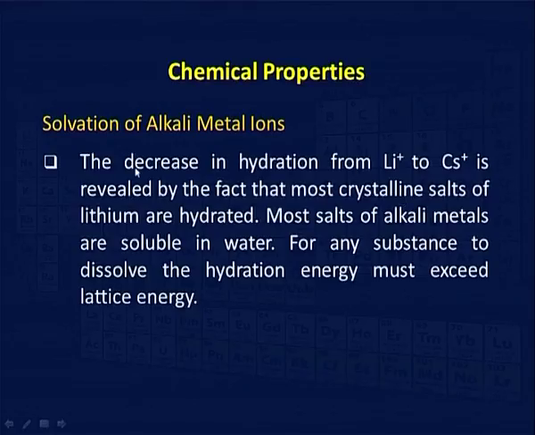But lithium, being smaller in size, should move faster, and it is not so, because it is heavily hydrated and therefore the hydrated ion moves very slowly in comparison to the others. So the conductivity of lithium, sodium, potassium, rubidium and cesium increases down the group, because cesium is least hydrated and lithium is most hydrated. This is also the reason behind the highest reducing property of lithium.